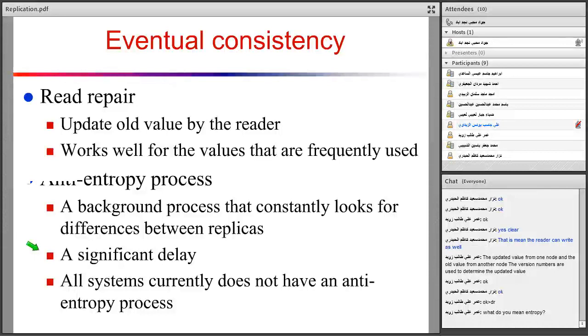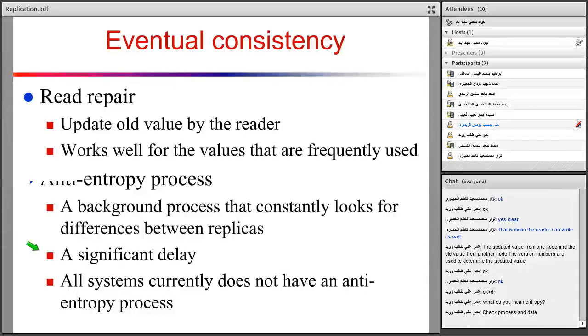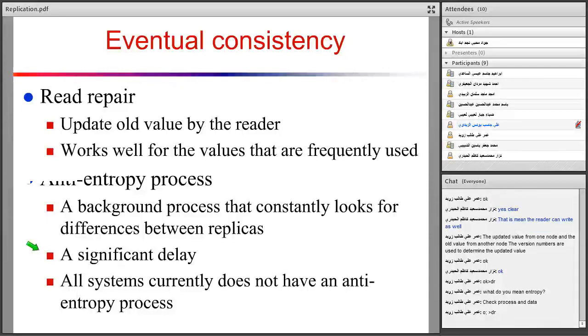This is the name, but it is a check process.